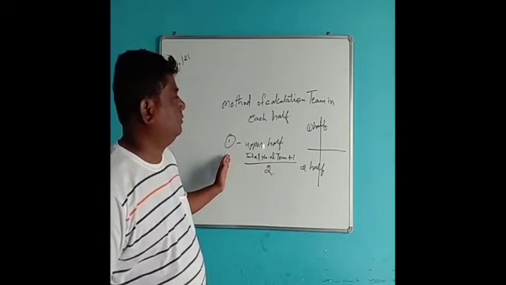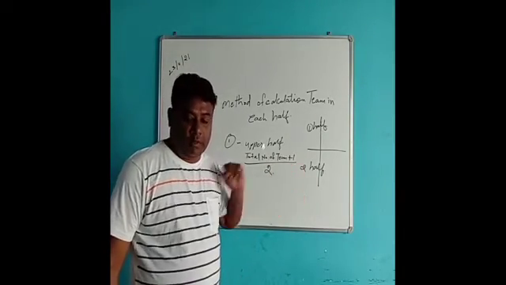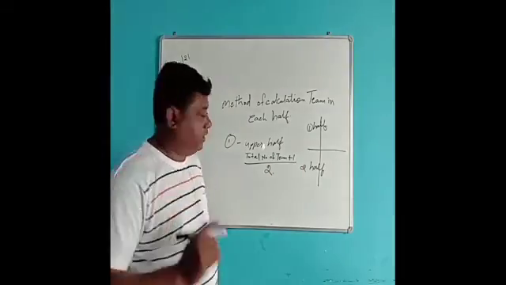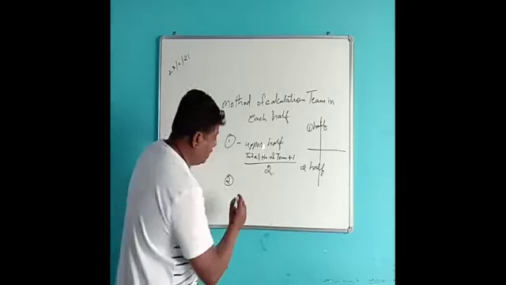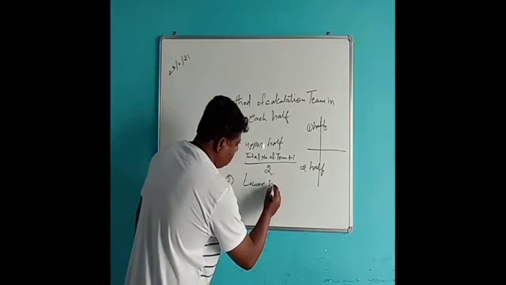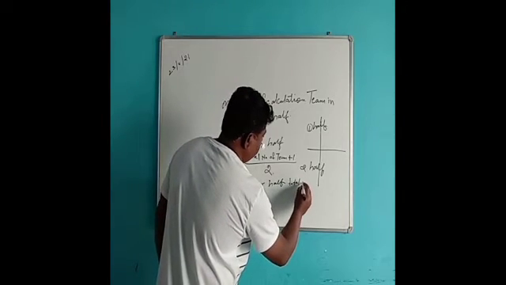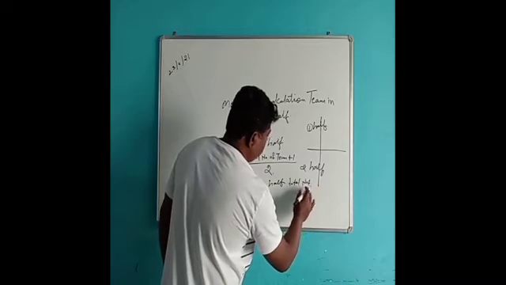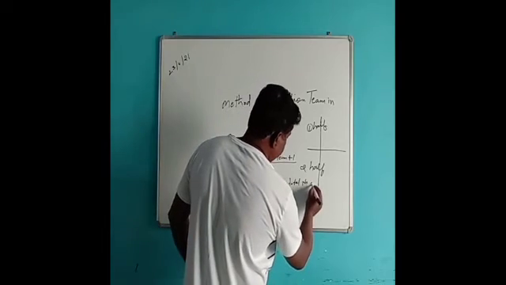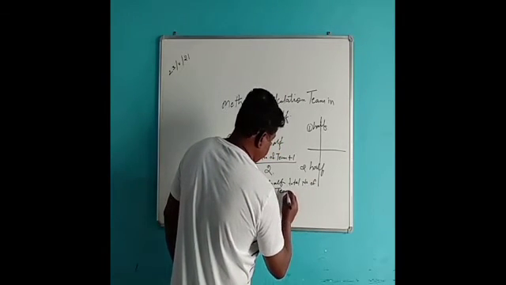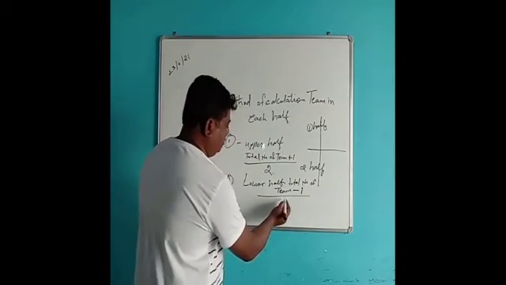That is simple for the upper half, and for the lower half it is total number of teams minus 1, upon 2.